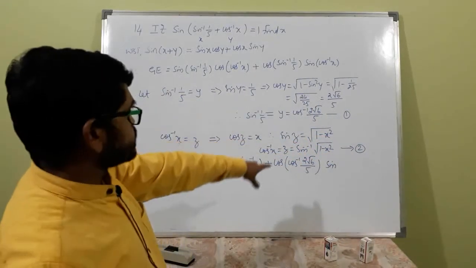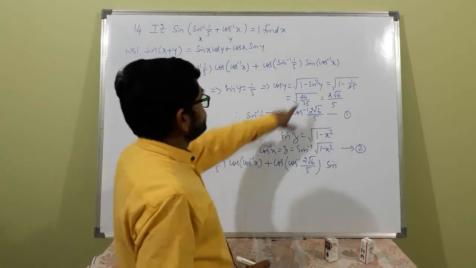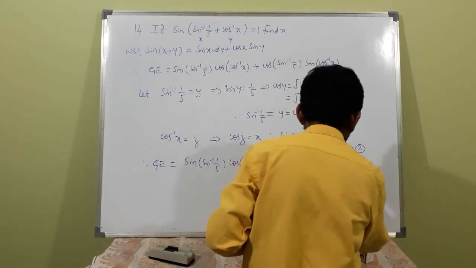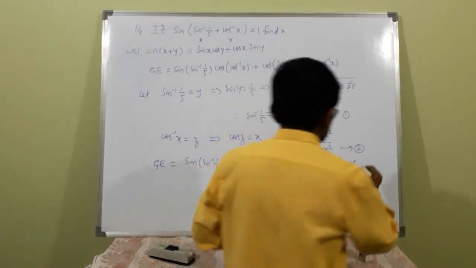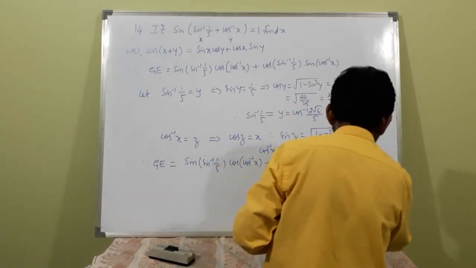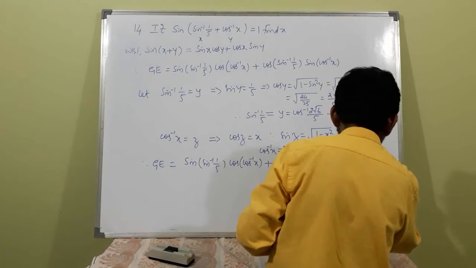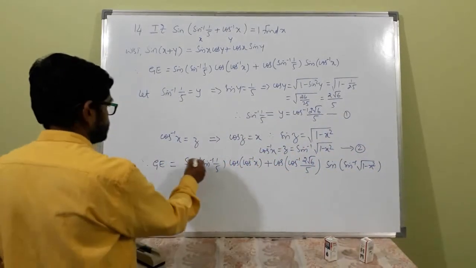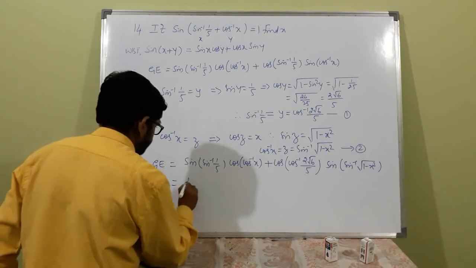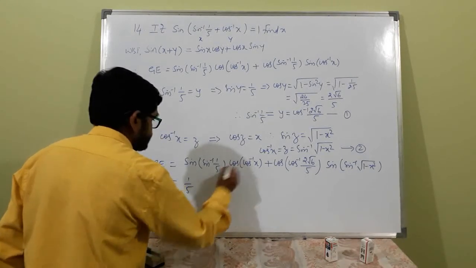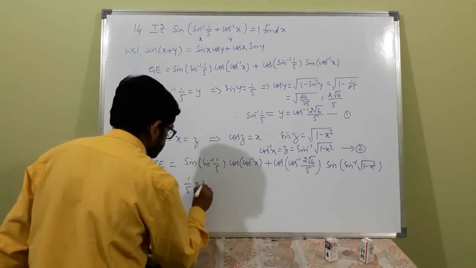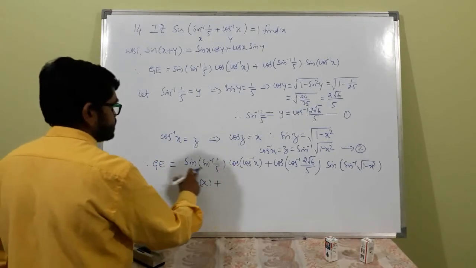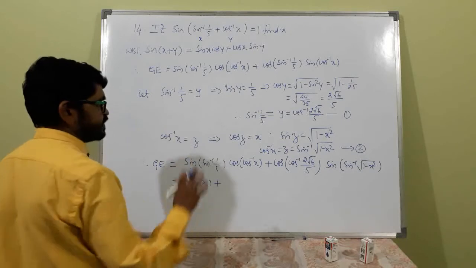Now substitute that. So cos inverse of x is here, replace that by sin inverse of root 1 minus x squared. Okay, this is 1 by 5 and this is x, plus this term reduces to x by 5.